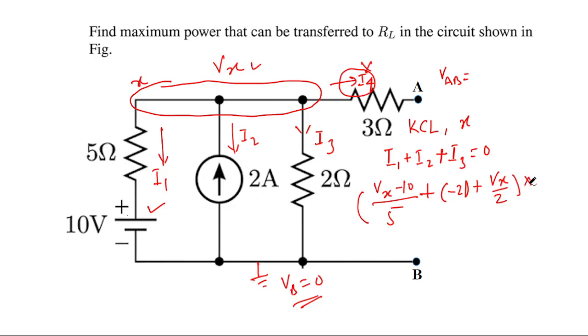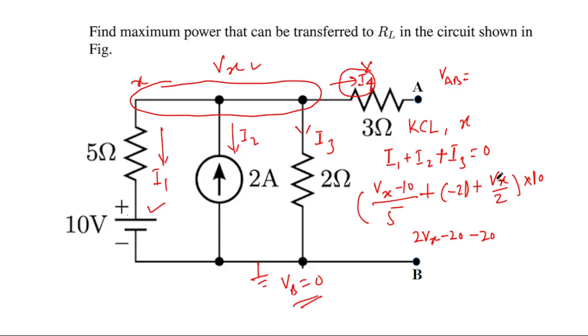Let us multiply this equation by 10. It will become 2 Vx minus 20, because minus 2 multiplied by 10 becomes minus 20.